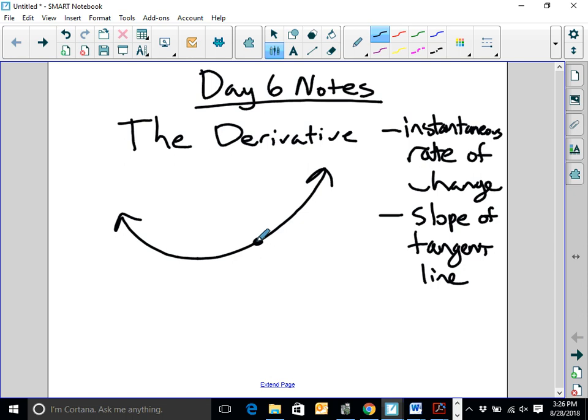So I'm going to practice just drawing a few tangent lines here on different points, and I want you to practice drawing those tangent lines into your notebook.